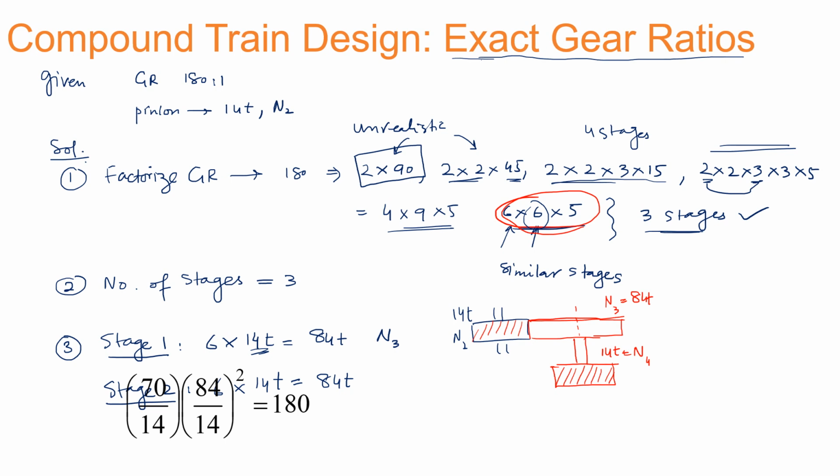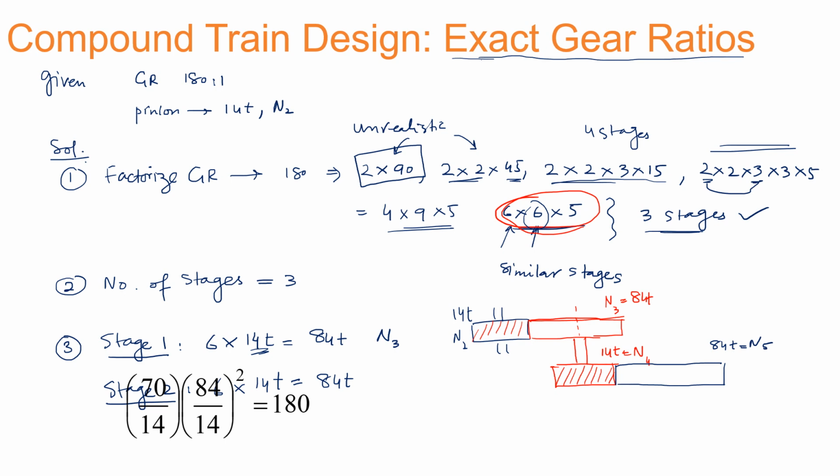All right, moving on. For stage number 2, you have once again 84 teeth to be structured. So I'm going to use blue again, and that would be something like another gear getting engaged with the stage number 1. And that is also going to have 84 teeth over here. That's exactly what we have mentioned. And that is going to be equal to N5.